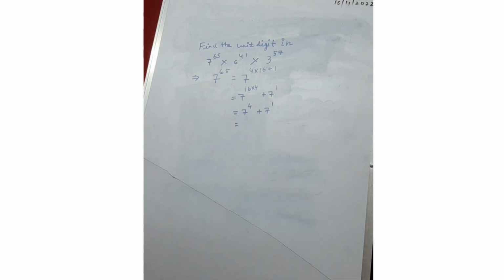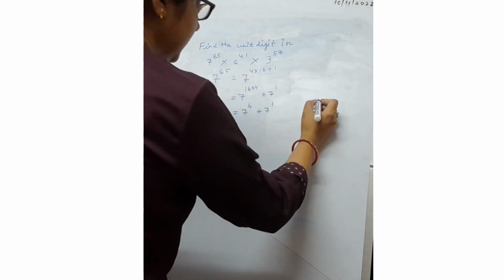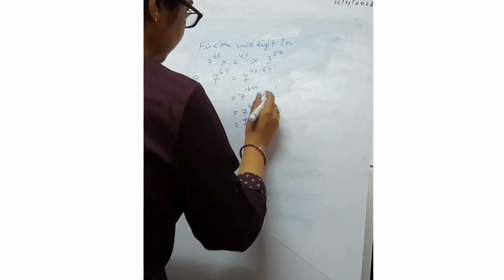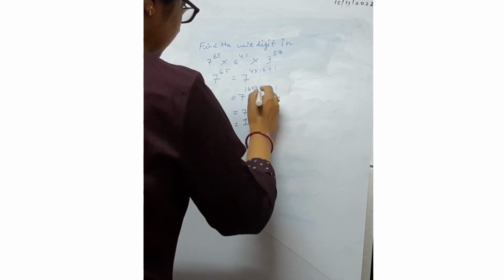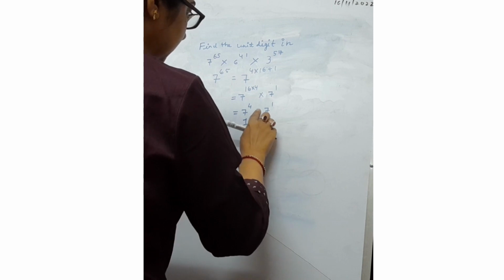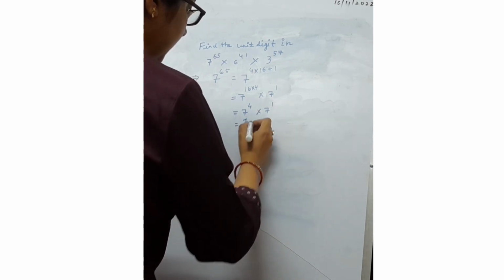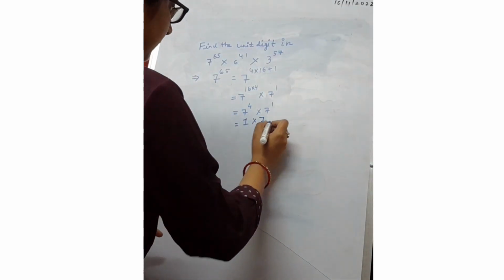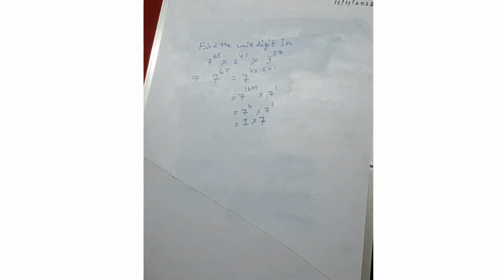We have learned that the unit digit of 7 to the power 4 is 1, and the unit digit of 7 to the power 1 is 7. So here the unit digit will be 7.